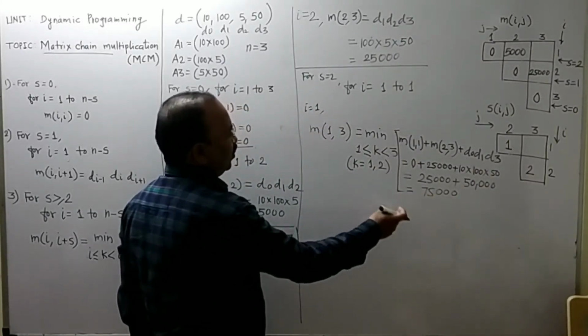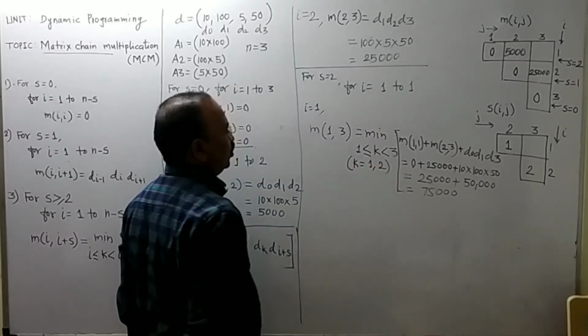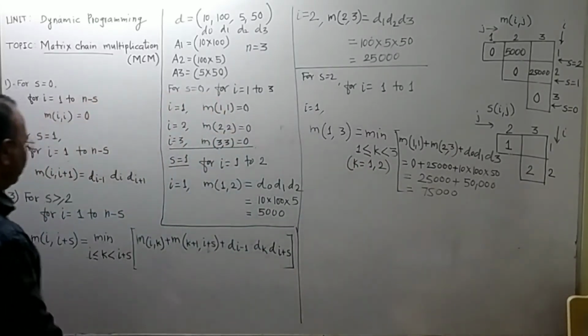You will get the next value for k is equal to 2. For k is equal to 2, use the same formula.